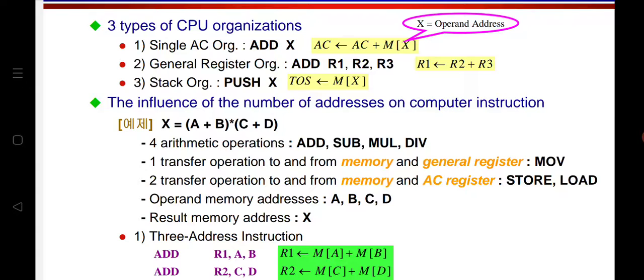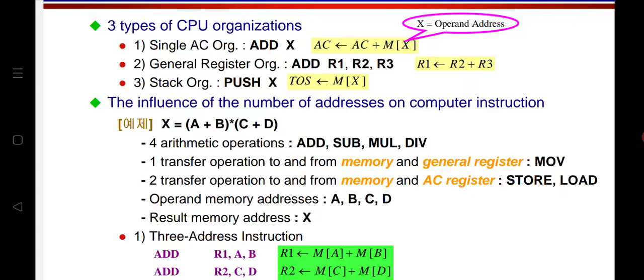Whenever we go with any type of operation, basically we have four arithmetic operations: addition, subtraction, multiplication, division. Based upon those four operations, the assembly language instructions will be ADD, SUB, MUL, DIV. The next is one transfer operation to and from memory and register.